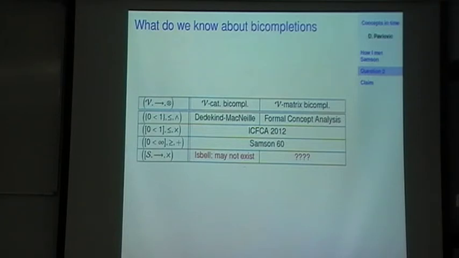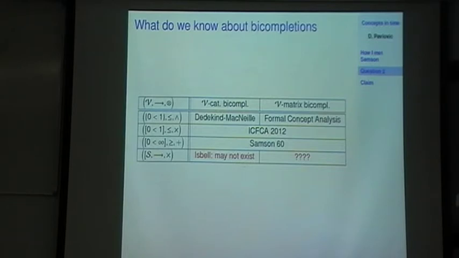And then we can work out both bicompletions, both category and matrix bicompletions, as long as we are enriching our categories in posets. Everything works, and in the proceedings we have that for generalized metric spaces.